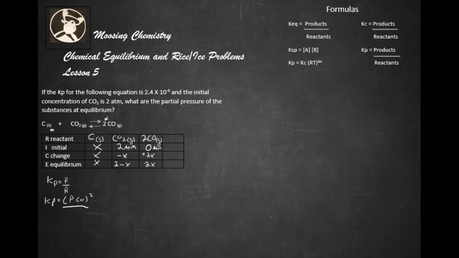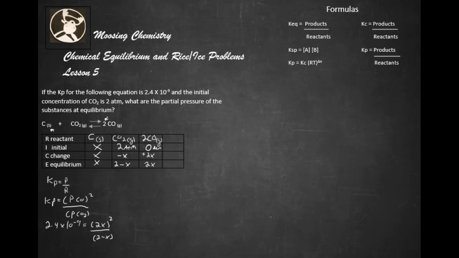Divided by our pressure of our CO2. And we have our Kp value, so this is going to give me 2.4 times 10 to the negative 9 equals, yes, it's going to be 2x squared over 2 minus x.